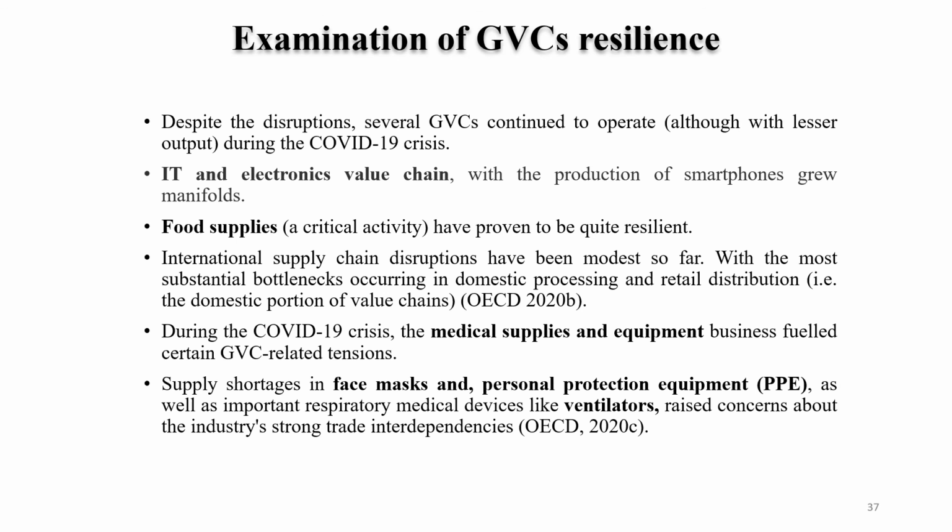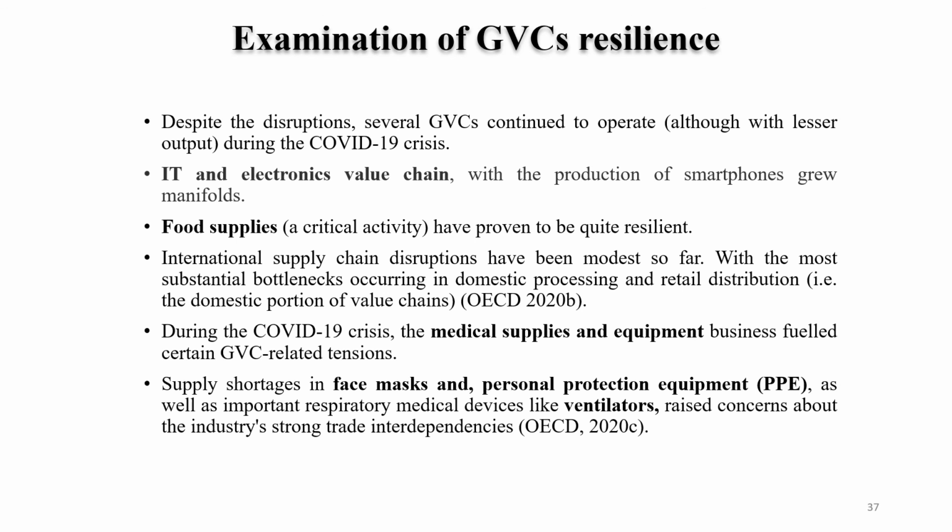The food sector is another sector which has proven to be quite resilient within the country and across countries. Medical supplies and equipment, initially there were certain crises because some countries had a ban on the products, but later on, we found that this value chain also remained very resilient.